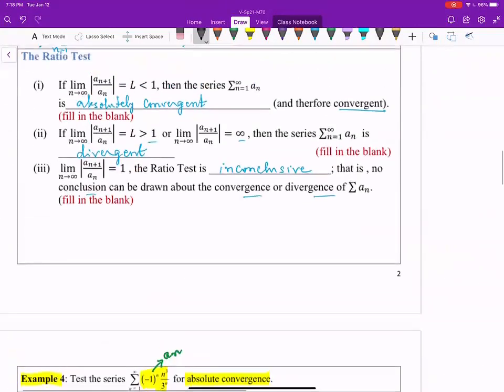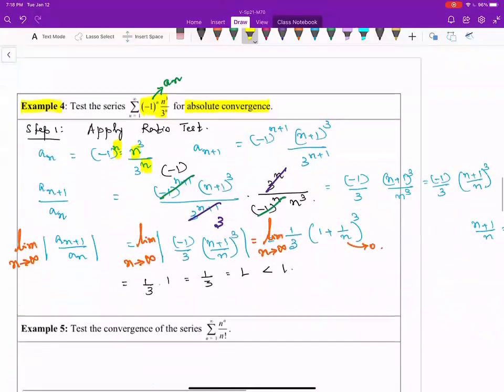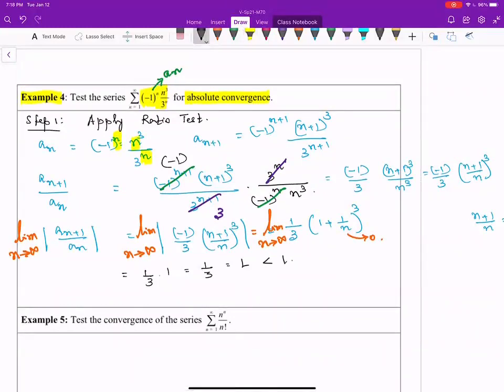So the ratio test tells us that if this ratio is equal to L less than 1, then the series is absolutely convergent. So by ratio test, we can conclude the series sigma n varying from 1 through infinity (-1)^n n^3 over 3^n is absolutely convergent.